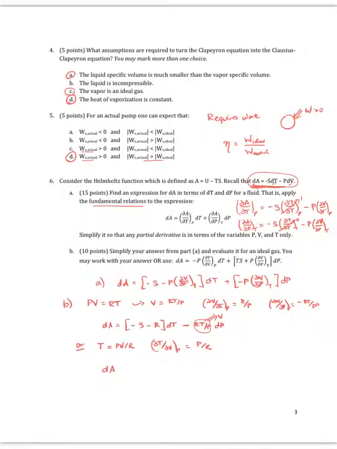So for this one, the answer would be dA equals minus P squared over R dT plus TS, there's nothing that really can be done with that, plus P times negative RT over P squared, so minus RT over P dP. And if you look at this, this is clearly nonsense because the units are not consistent, but this was just an exercise in the math.